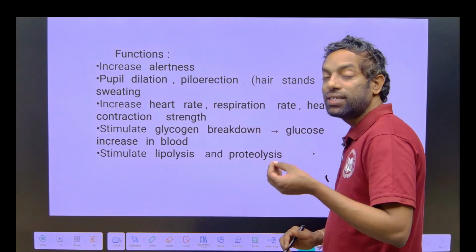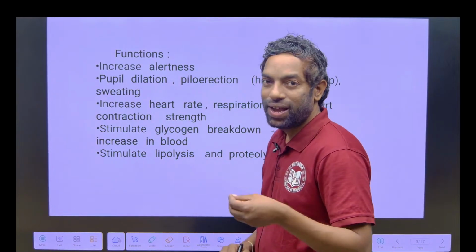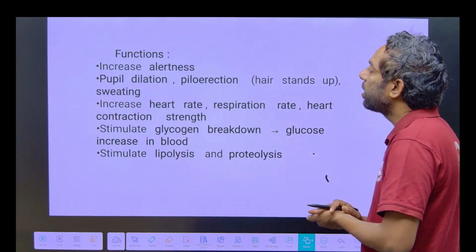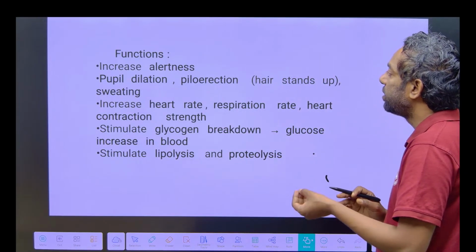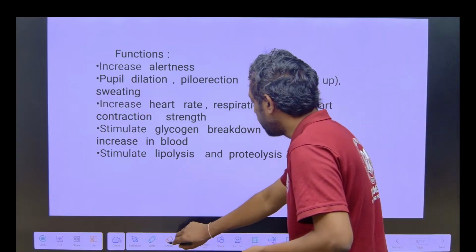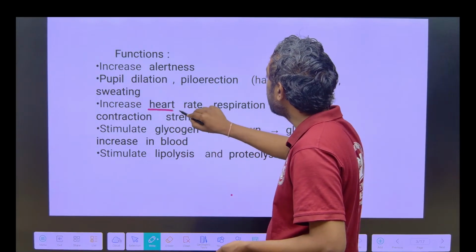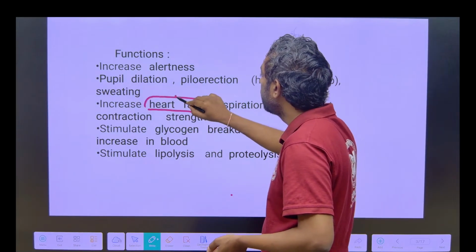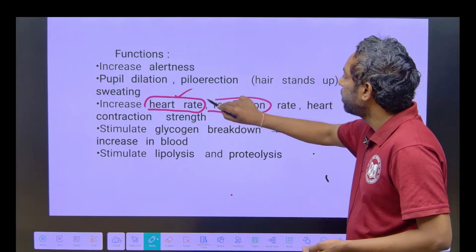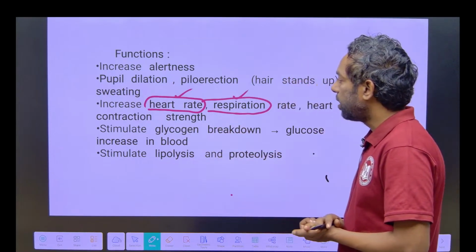Functions of adrenal medullary hormones: they increase alertness and pupil dilation, and make the hair stand up. They increase heart rate, which is important, and the rate of respiration, and heart contraction and heart strength.